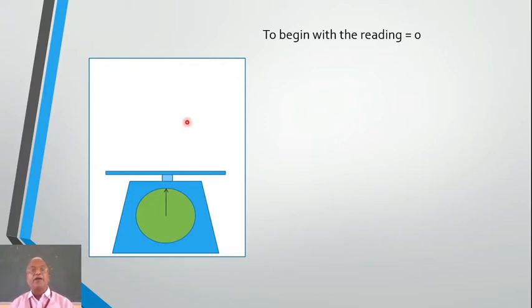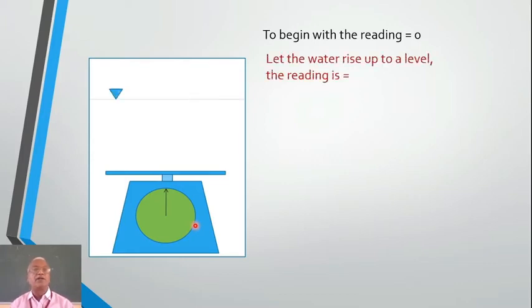And gradually we'll add the water here, assuming that this will be water resistant and it will be giving you a proper reading even inside the water. Okay, let us add the water, and let the water rise up to a level.